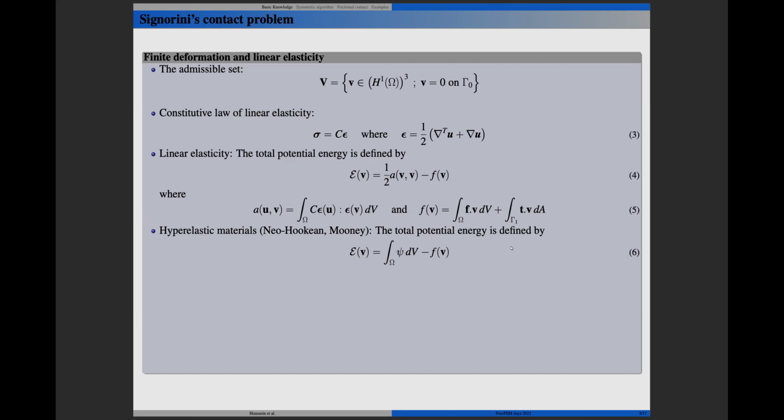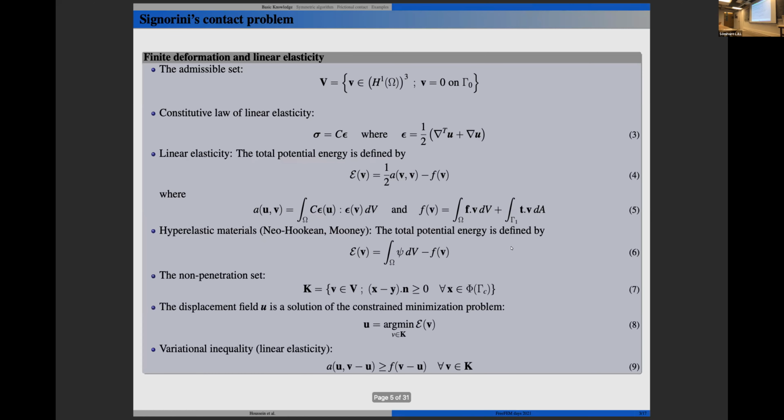In the general case, or in the case of a hyperelastic material, that potential energy can be given by a form where psi is the energy density function, which depends on the material.